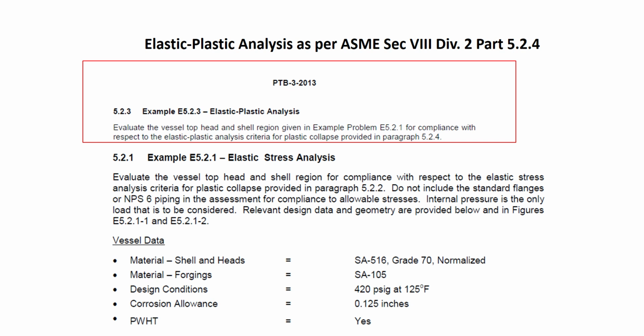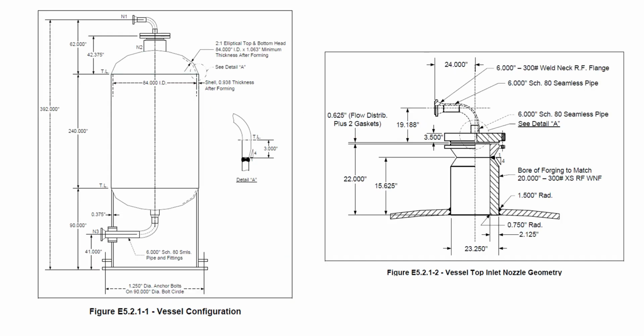The vessel is same, material is same, only thing we will be changing is the non-linear material. The internal pressure is same, but we will understand more about how to apply the loads when we are doing the elastic plastic analysis. And this is the typical vessel configuration. We have seen it in the first session also.